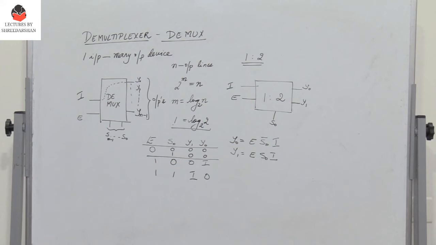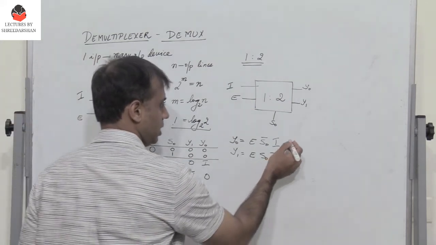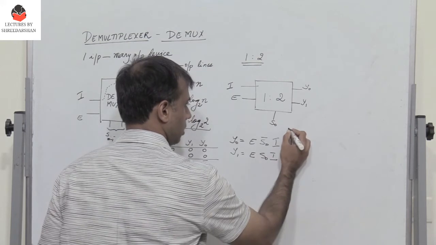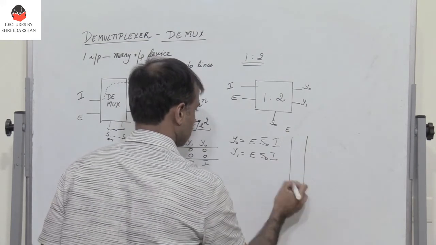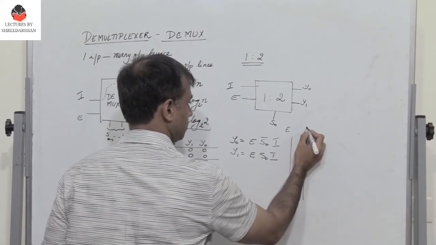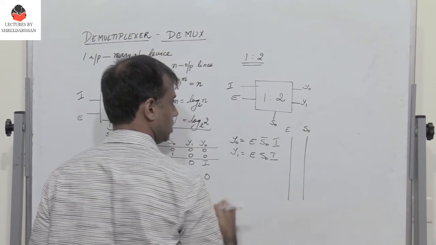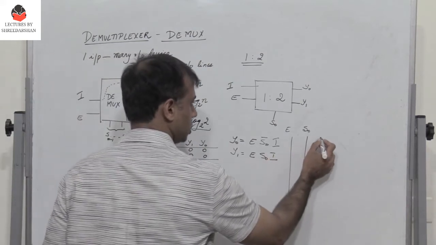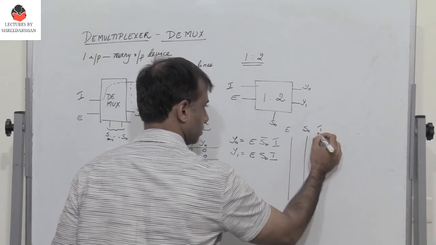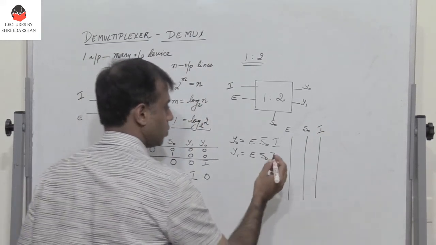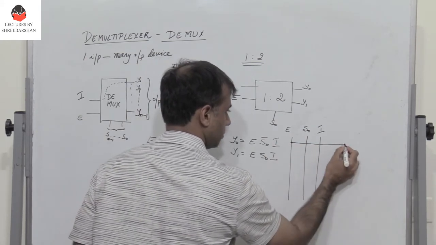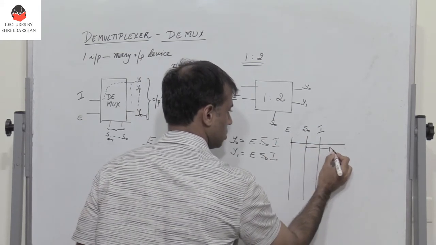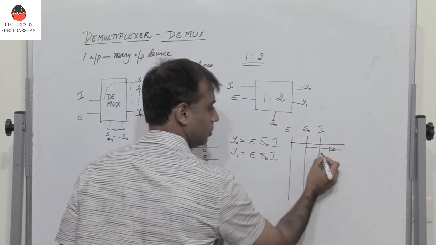Now how can I implement it? This can be implemented very easily. I have the enable, the select line S0, and also the input I. Y0 is E, then S0 bar, so pass it through an inverter.